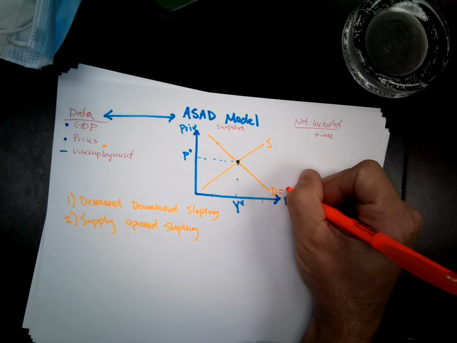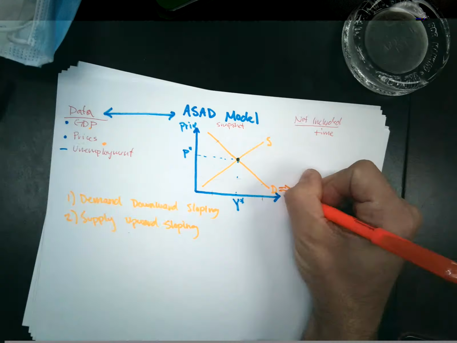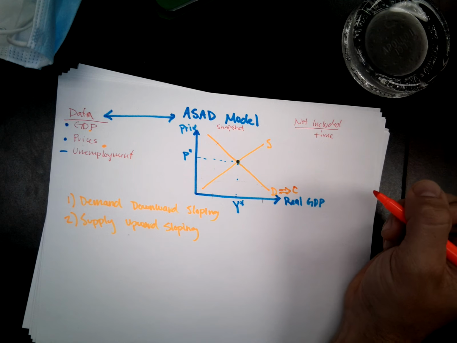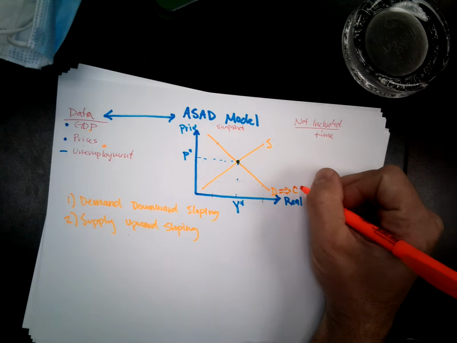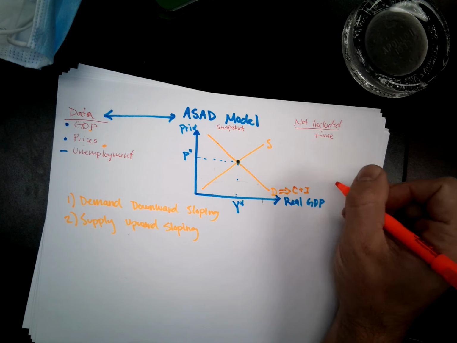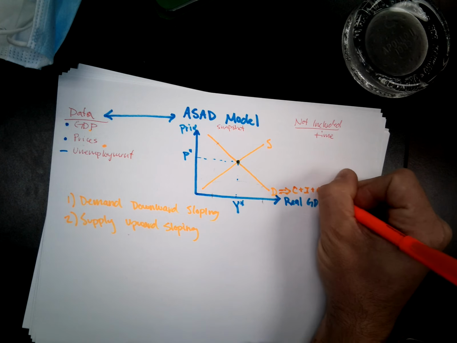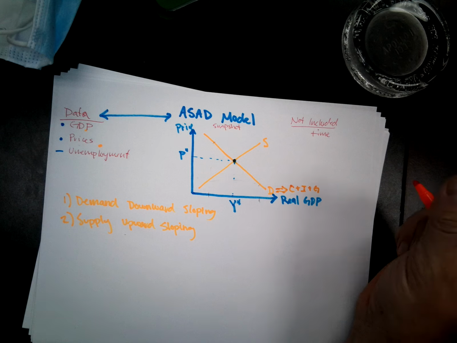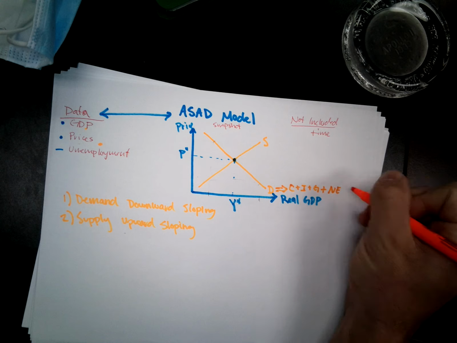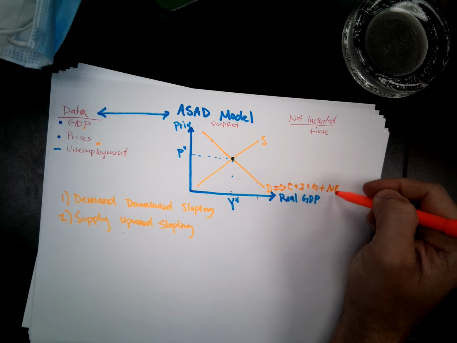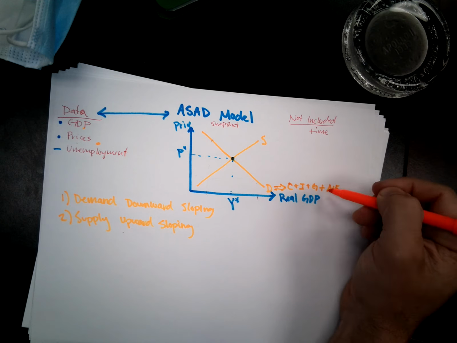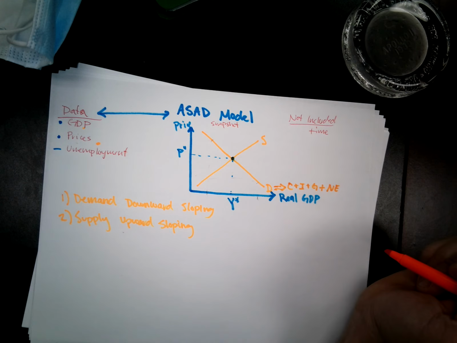Demand, I'll just draw an arrow, is going to be C. So consumers demand things, right? We have consumption. We have investment. In other words, there's the demand for capital goods. We have government spending, so the government demands things. And we have net exports, which means the world demands things. These are all of the components that fit into our aggregate demand curve.